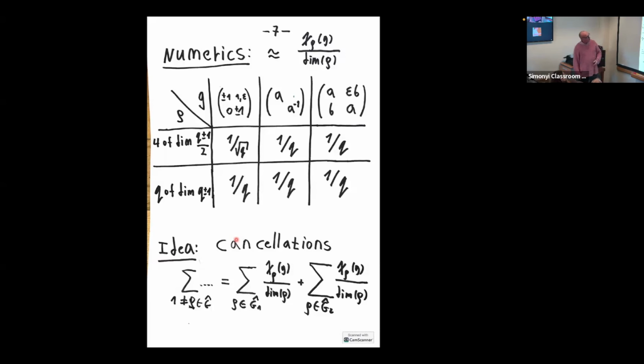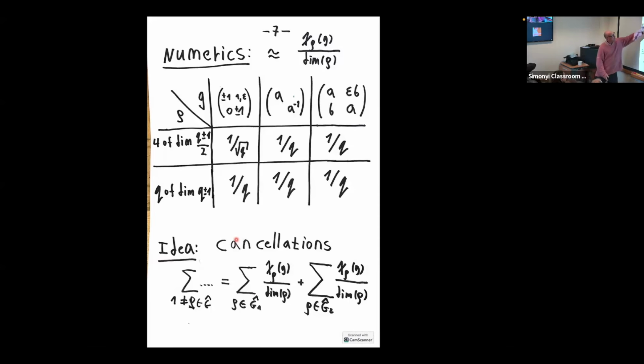This is their name for now. There are four representations, a little bit weird representations. They come with dimension, two of them of dimension (q plus 1)/2 and two of dimension (q minus 1)/2. Now, if you take those of dimension q and you check the character ratio, it's 1/q on all conjugacy classes. And so there should be cancellation.